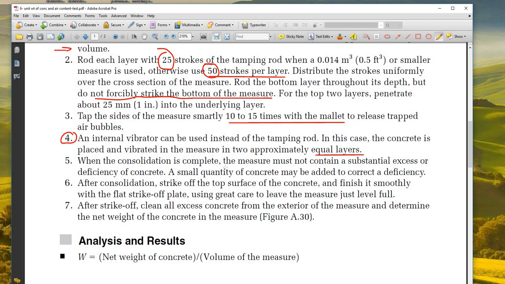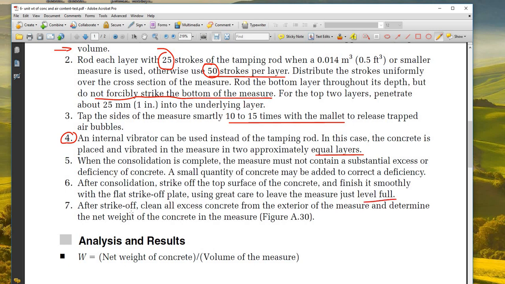When the consolidation is complete, the measure must not contain a substantial excess or deficiency of concrete. A small quantity of concrete may be added to correct a deficiency. After consolidation, strike off the top surface of the concrete and finish it smoothly with a flat strike-off plate, using great care to leave the measure just level full.